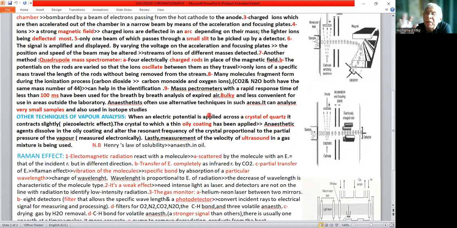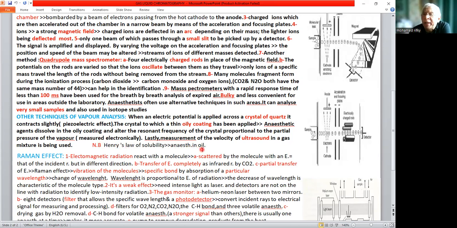So whenever I put a coat of oil around it, and then I expose it to a vapor, this vapor will be dissolved into this oil according to Henry's law. So it will change the oscillation, the frequency of how it will rotate. This change will make me identify the gas and know its concentration.